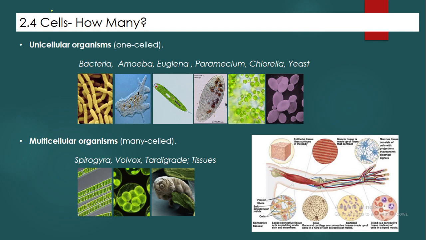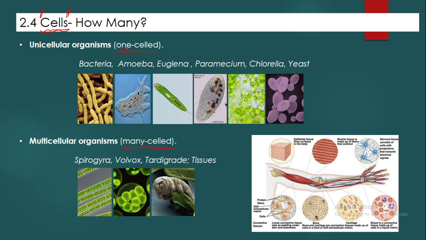Next important part is that there are different aspects of the cells. A living organism may be made up of only one cell, or it may be made up of many cells.